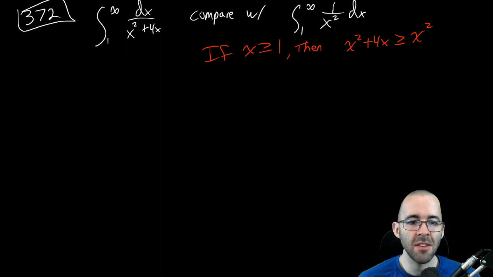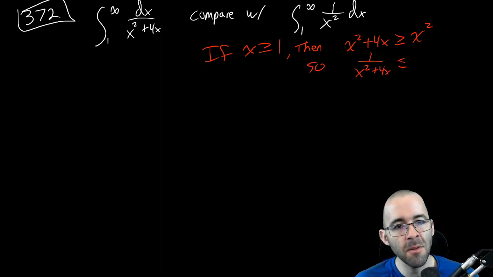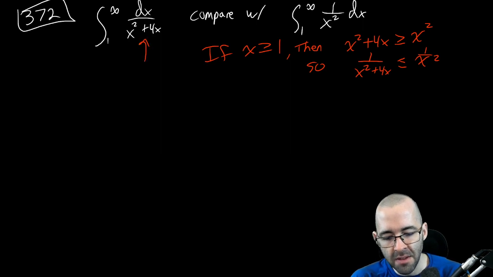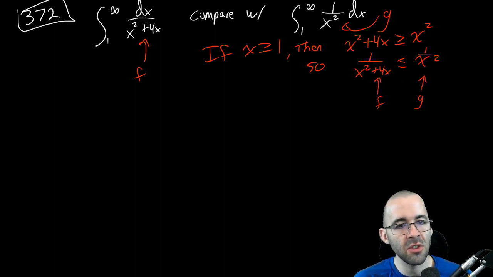We're only dealing with positive numbers, so if I add 4 times a positive number, we get bigger. So that means the denominator gets bigger, and if the denominator gets bigger, that means the whole fraction gets smaller. So if this is our f, and that's our g, g is the bigger one with the notation that we used from our video. F is less than g, and we know that g converges, then f converges.